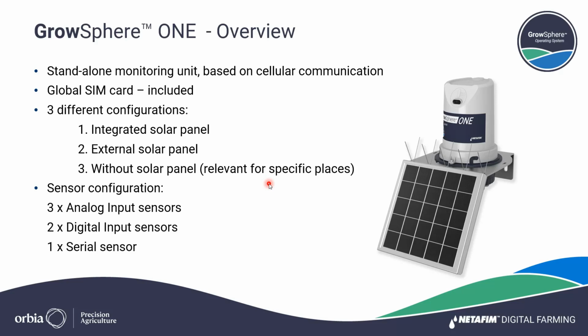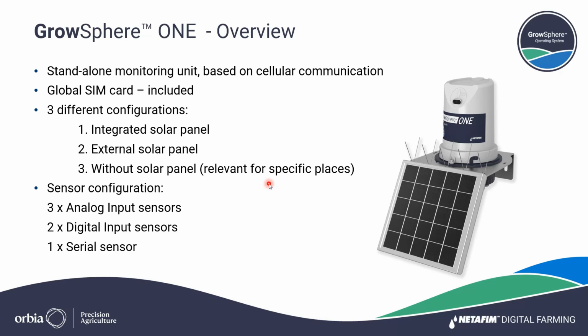It comes without the solar panel at all. So for row crops, vegetables, I would use the integrated solar panel, and for orchards, I would use the external solar panel to put, as said, the solar panel above the canopy.